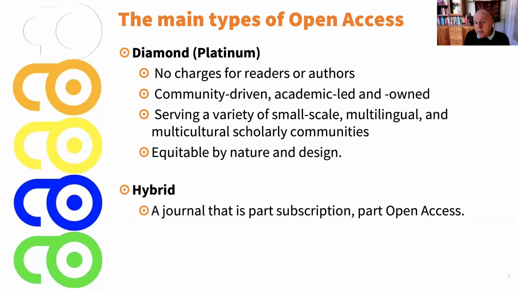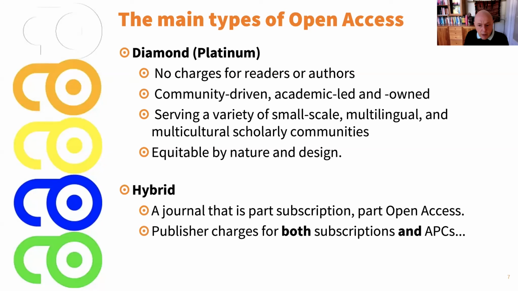Okay, then finally, there is hybrid open access. So hybrid open access is sort of the worst of both worlds for me. So these are journals that are part subscription, part open access. So basically, if you can pay for the fee, your article will be published in the journal under open access. If you can't pay, it will be under subscription. So these are journals that have content that is partly hidden behind a paywall and partly available.